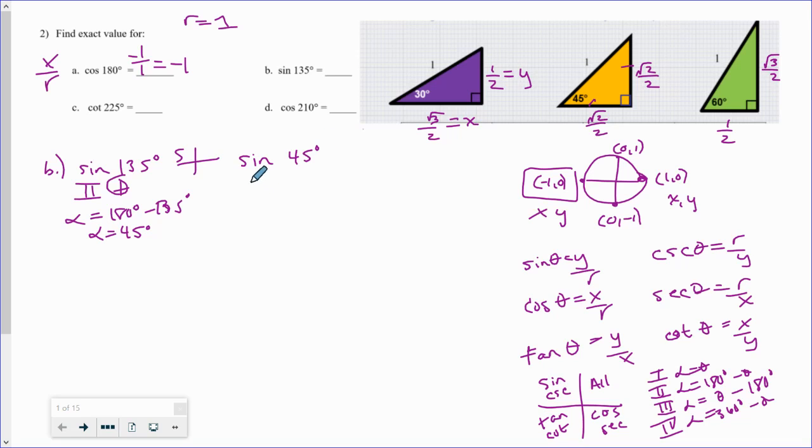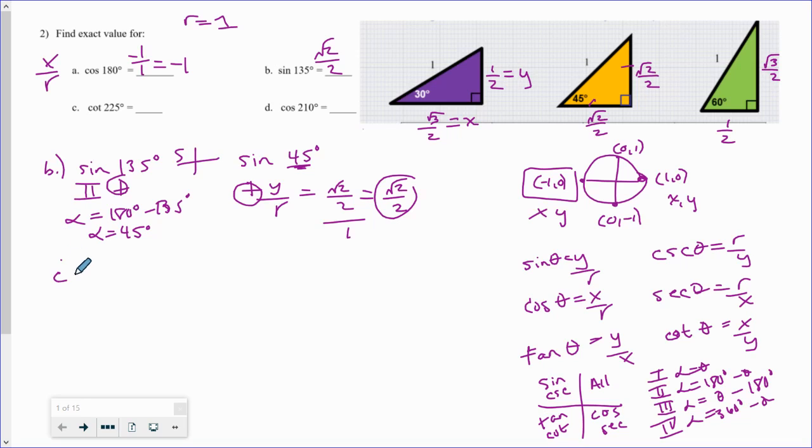It's positive, so I'm going to use the positive y value of y over r. I look at the 45 triangle because that's what alpha is. Well, y is radical 2/2, and r is 1, so my answer is radical 2/2. If this had been negative over here, or over here, then I would put a negative in front of the answer.